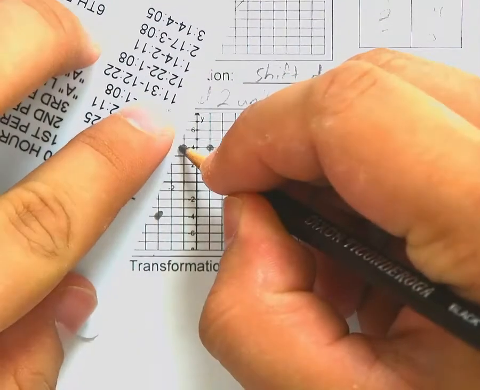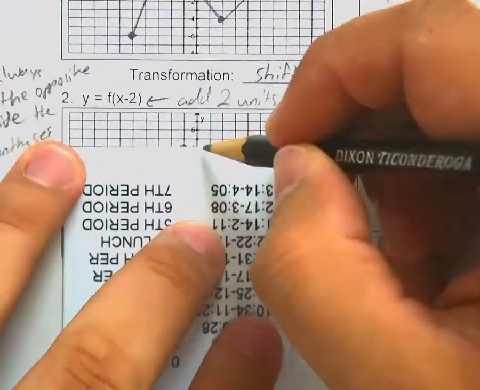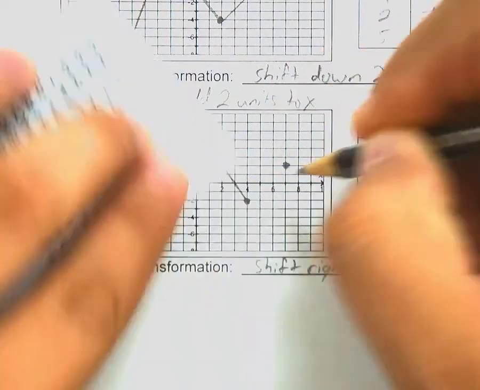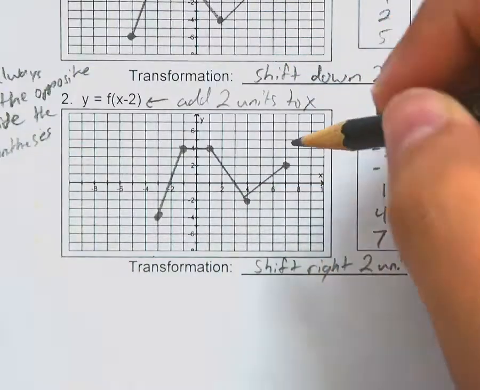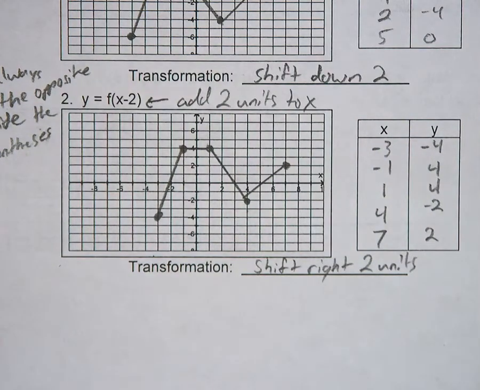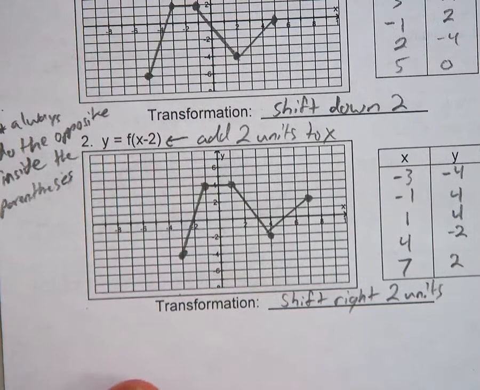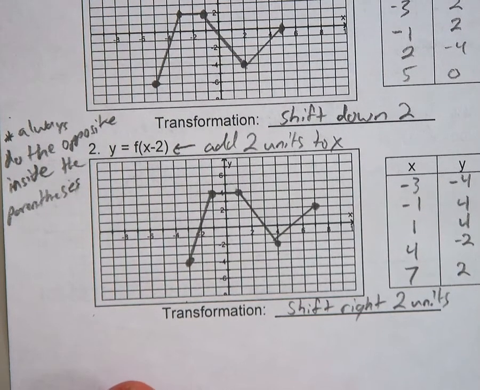Again, always drawing straight lines here. Straight enough. That's a shift right 2 units. And again, you will see this as we go along. So really, if you can just remember that anything that's inside the parentheses, you do the opposite, you'll be good. You'll be set. All right?